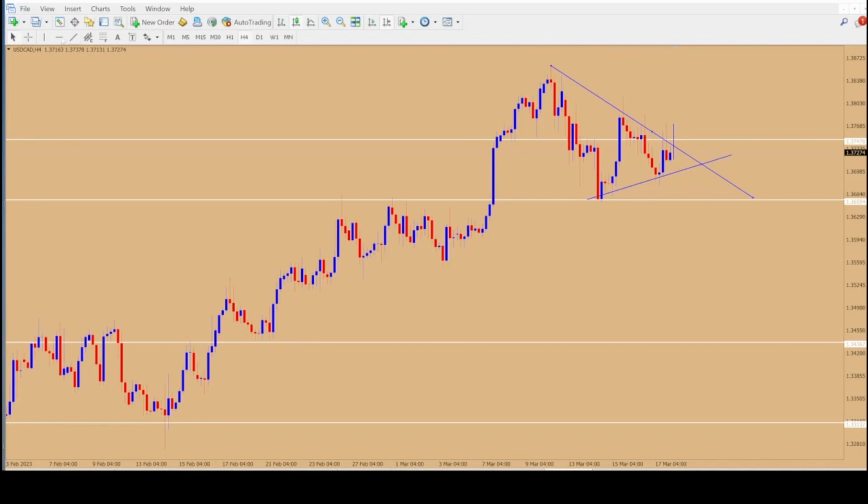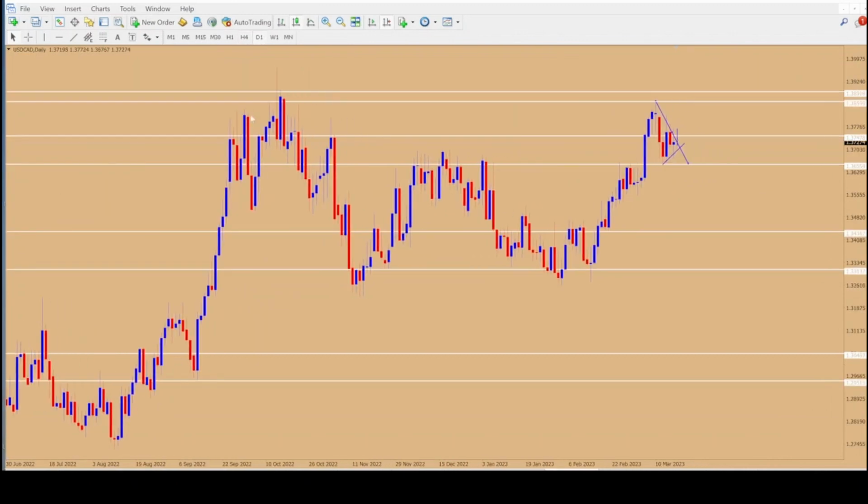So our first target would be the 1.38599 area. Yeah, that will be our first target for the bullish idea.